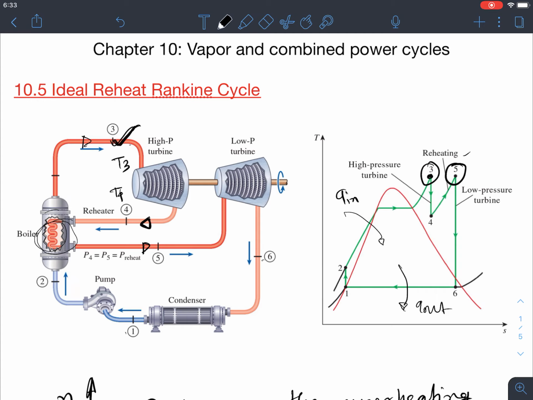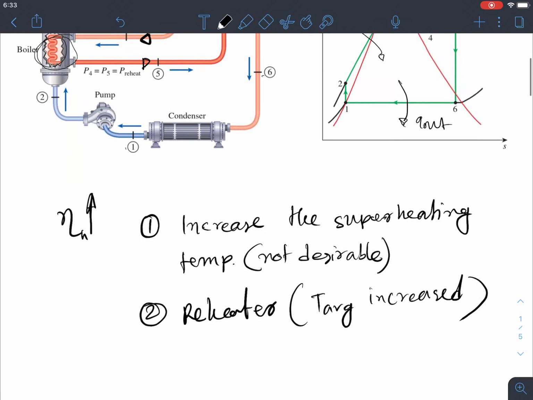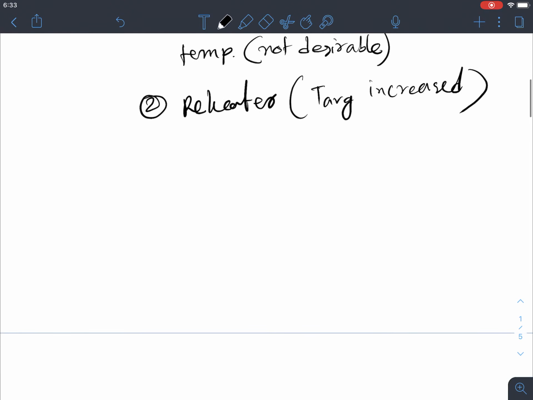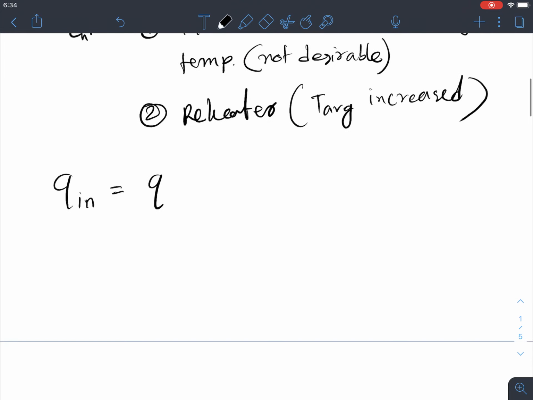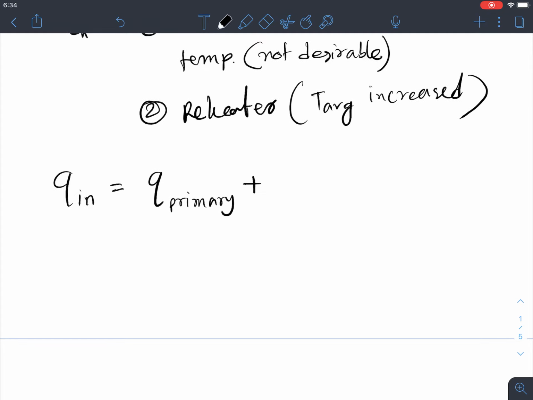So let's take a look at what is happening in the Q in, right? In this cycle, the Q in equals Q primary, from 2 to 3, this one is the primary heating, plus the heat transfer in the reheater, or Q reheat, right?